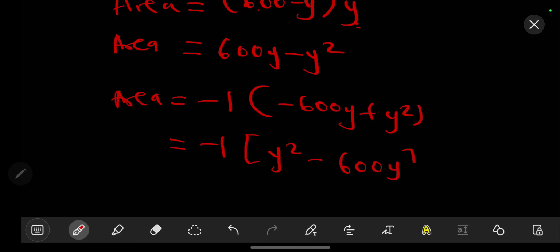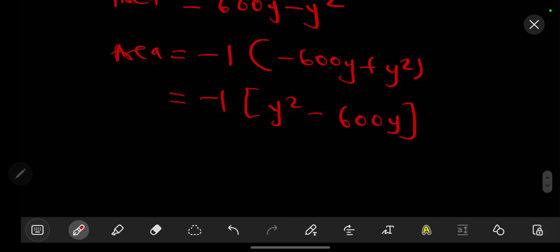Then from there, let's use completing the square. If you haven't watched that, comment in the section. So we have negative 1, then y squared minus 600y. We are going to maintain it.